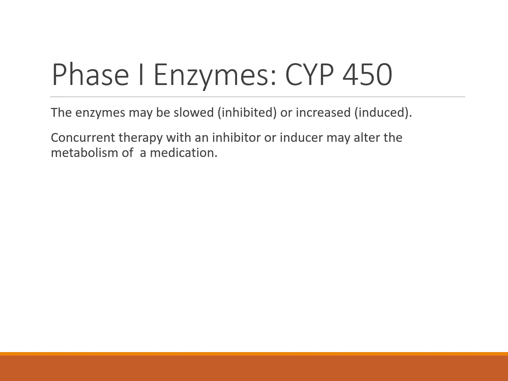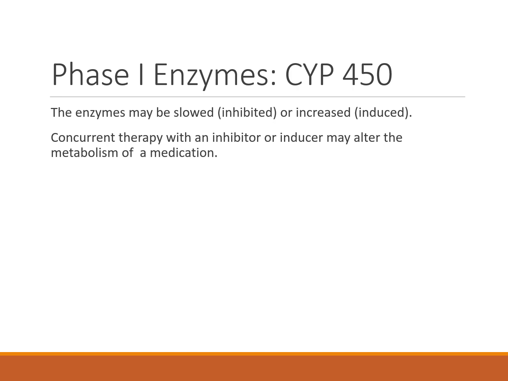What that means is if you pair a substrate, which is any medication or substance, with an inhibitor, so if you pair medication A, the substrate, with an inhibitor, medication B, it is going to inhibit the metabolism of medication A, and medication A will not metabolize out very fast. It slows it down and it can build up in the body and cause a toxic effect.